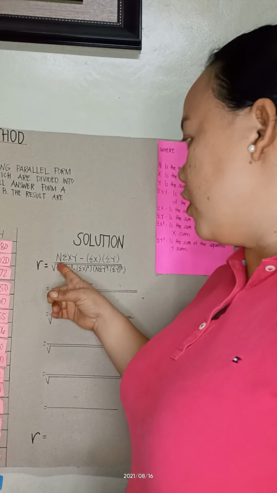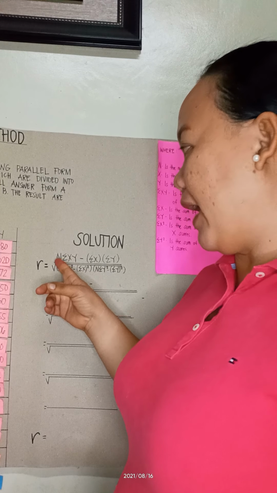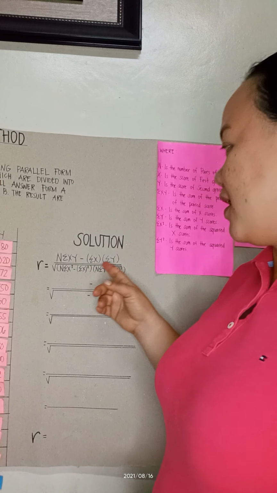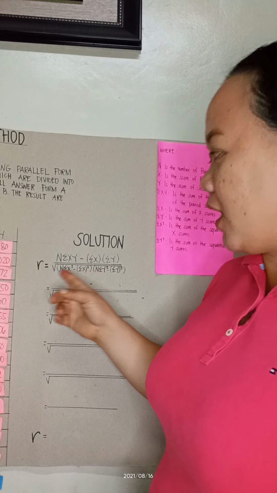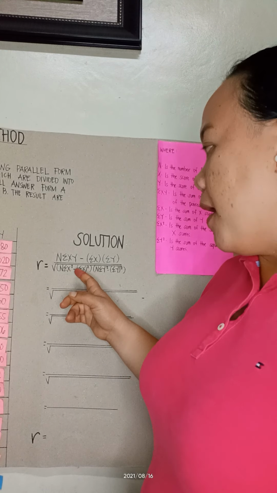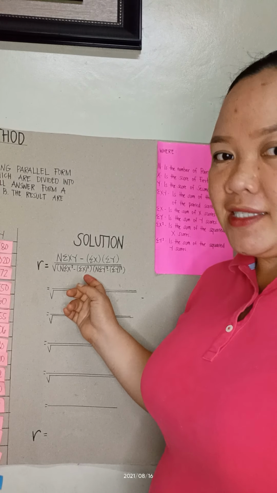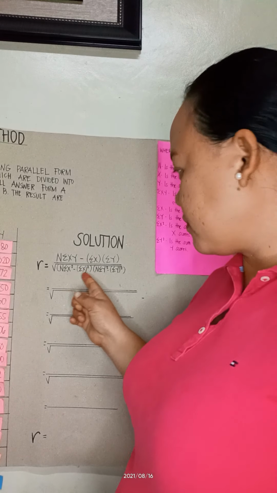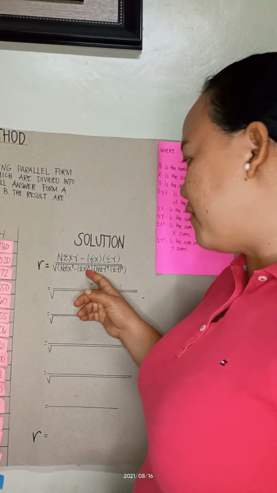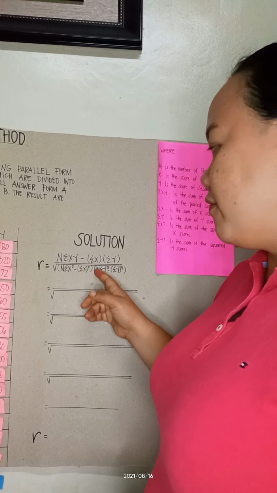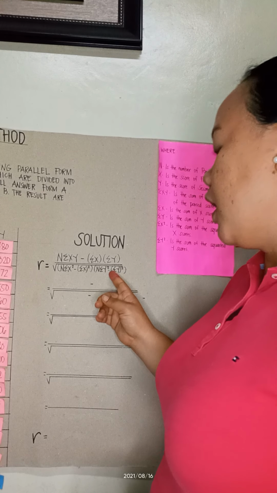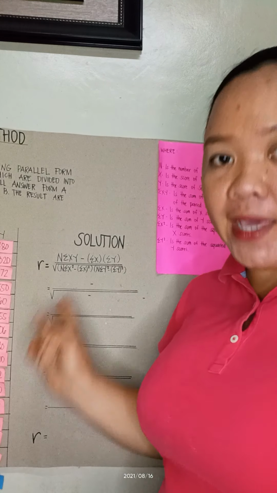R is equal to n times the summation of xy minus the summation of x times the summation of y, over the square root of n times the summation of x squared minus the square of the summation of x, multiplied by n times the summation of y squared minus the square of the summation of y.